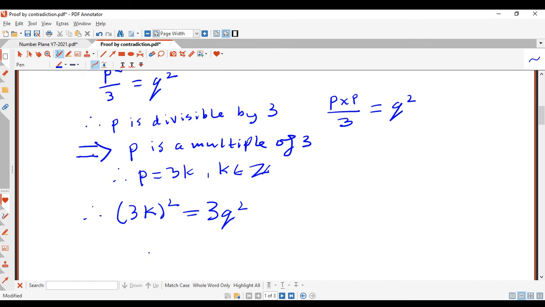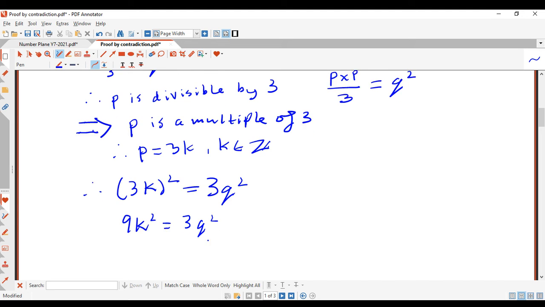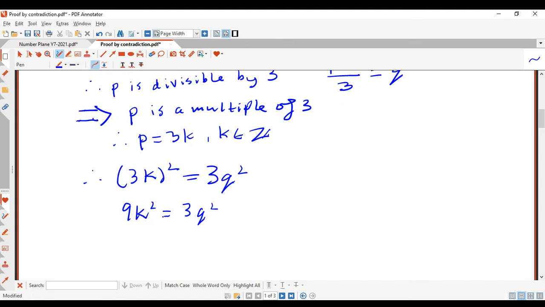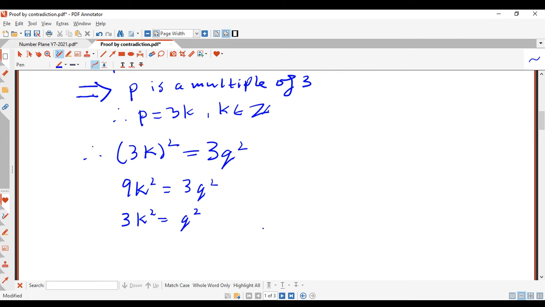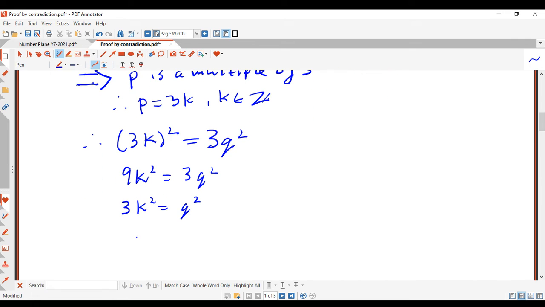So that's going to give me 9k squared is equal to 3q squared. Okay, and that's going to give me, if I divide both sides by 3 now, 3k squared is equal to q squared.